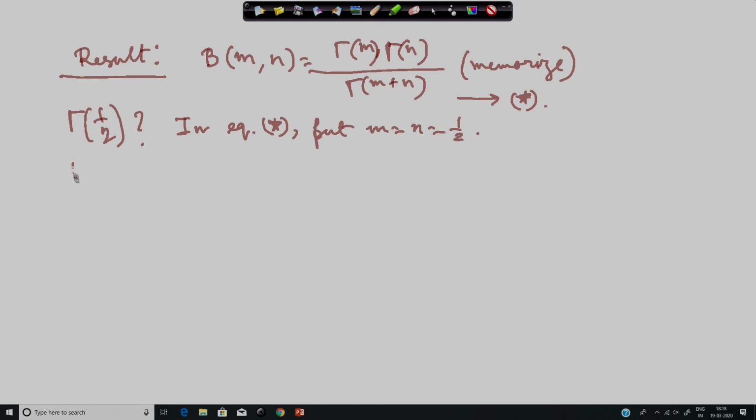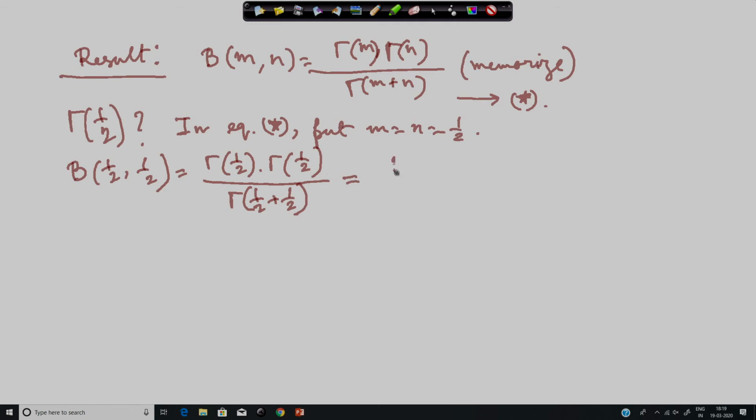Then beta half half is gamma half into gamma half by gamma half plus half, that is gamma half square by gamma 1.